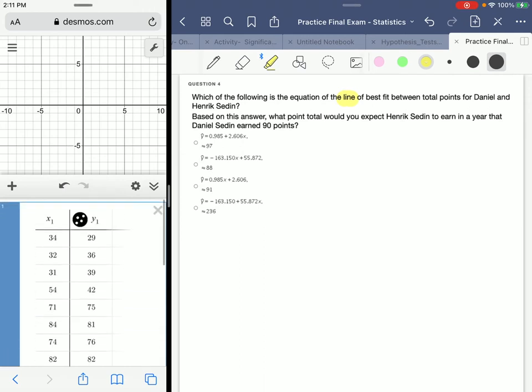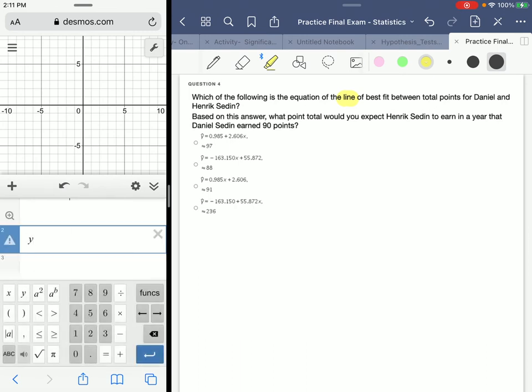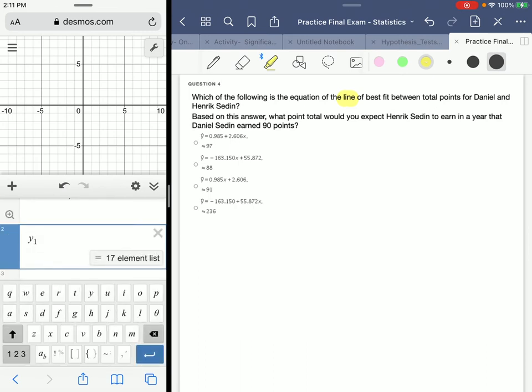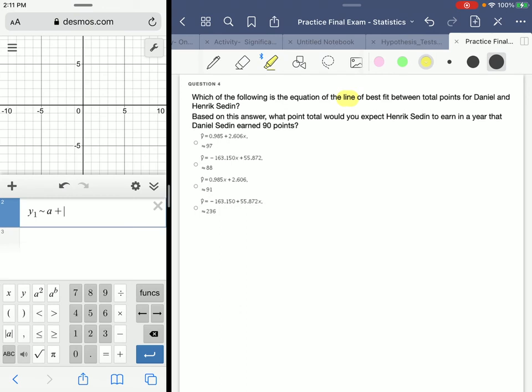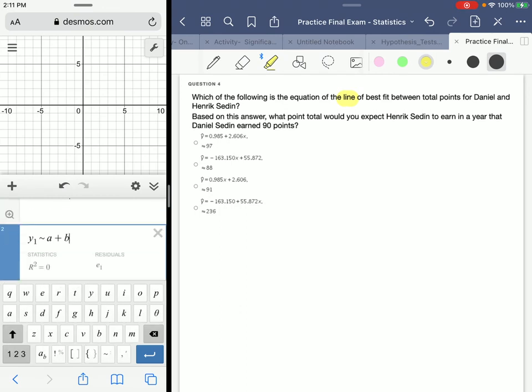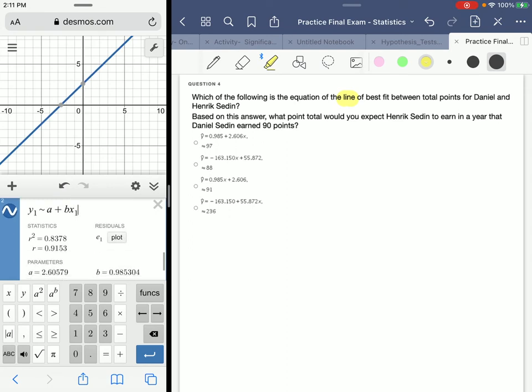I type the data in, and what we're going to do is regress y1 tilde a plus b x1. That gives us a regression line.